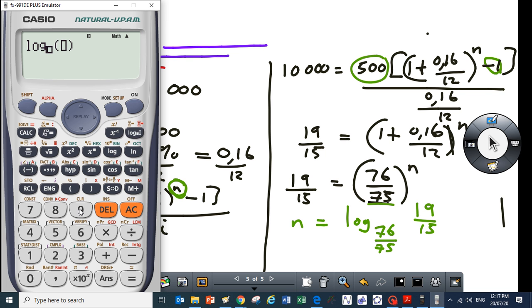So it will be this one here, and then my base is 76 over 75, right, of 19 over 15. And then you get that. So our n is going to be our n.